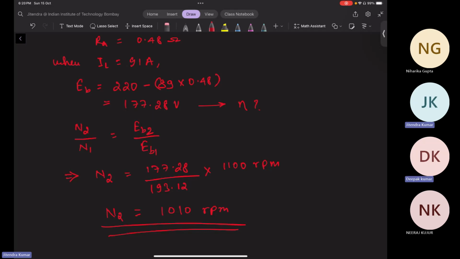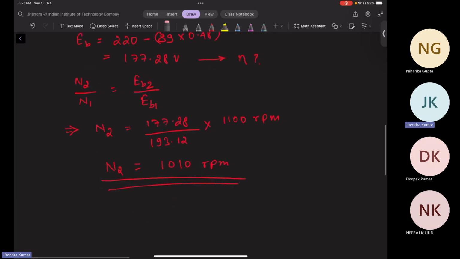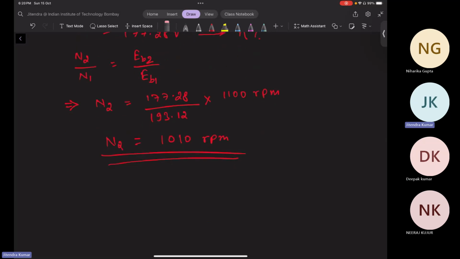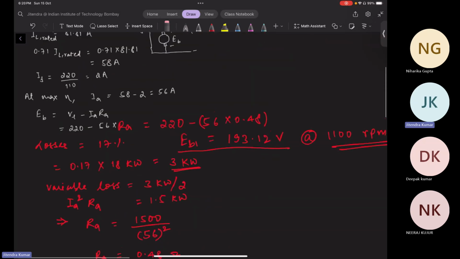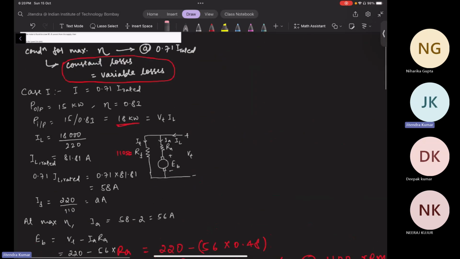Field current. When you are changing the load current or armature current or line current, you are changing the field current as well. So that is the reason that field losses will also be included in the variable losses. Okay. Any other question?